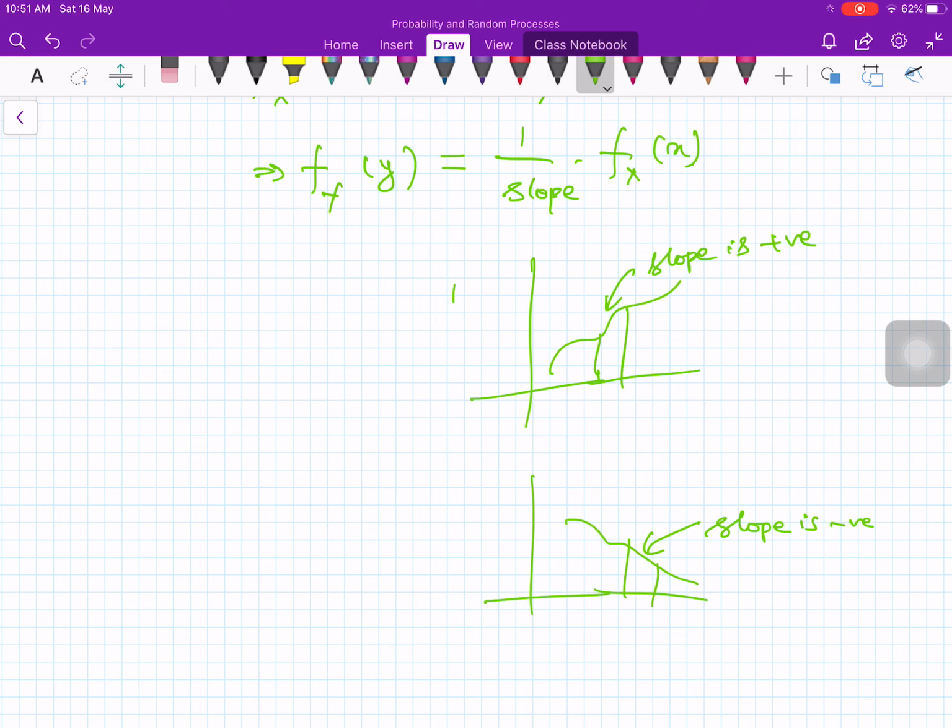So in that case this formula is not valid, because if you put slope equal to negative, then the density function is going to be negative, but we know that the density cannot be negative. So in that case what we need to do is take the modulus.